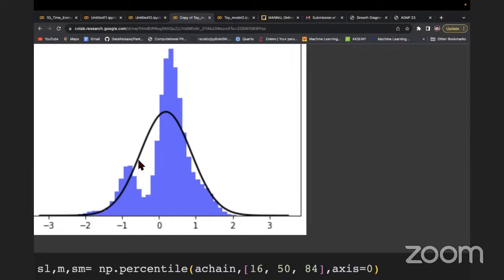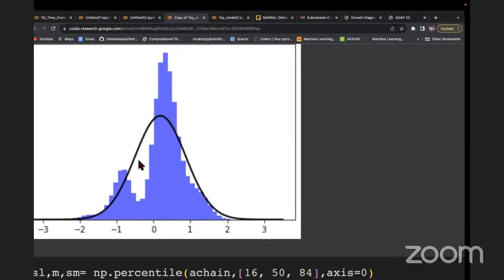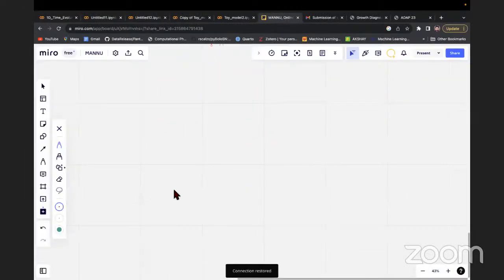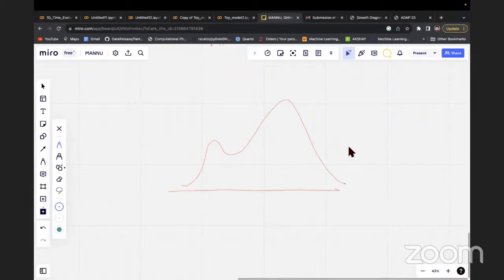something called percentile. Okay, so what does percentile mean? Let me just give you a brief overview. If I have a distribution something like this, and these are let's say 10 to the power 6 points distributed, I'll calculate their median.